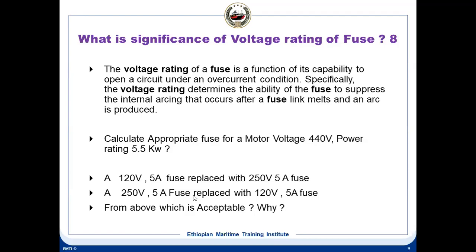If it is an AC three-phase circuit, in this case it will be power P watt divided by √3 multiplied by V into power factor, multiplied by 1.25. So here it will be 5500 watt, since you have to convert kilowatts into watts.